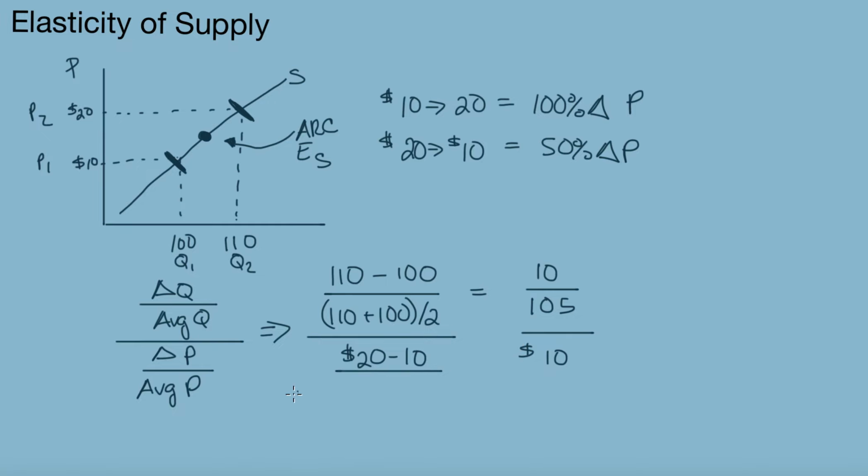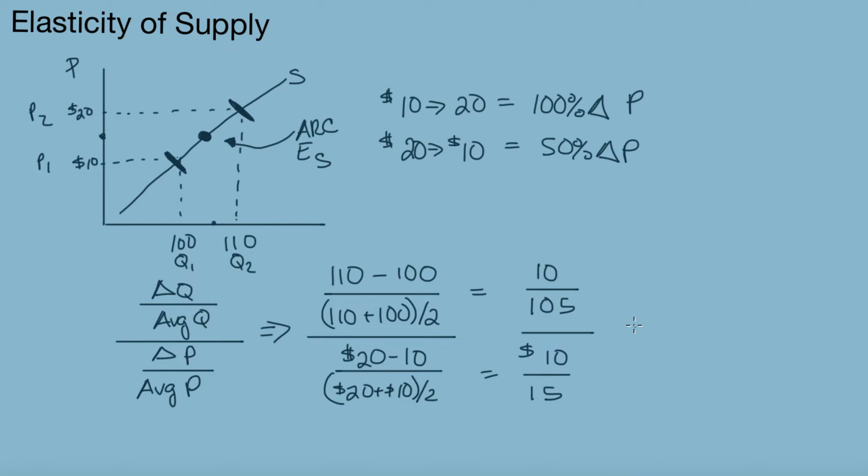Well, what's the average price? The average price would be $20 plus $10 divided by 2. Okay, or we can see that the average price is obviously right there, $15. So basically $15 and 105 units. So $10 divided by $15. Okay, so what do we have here?